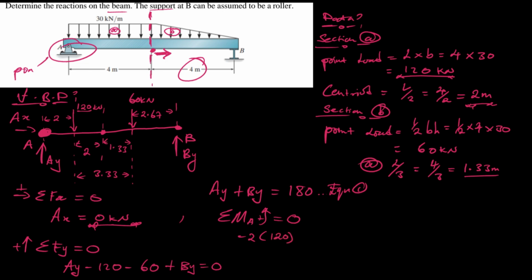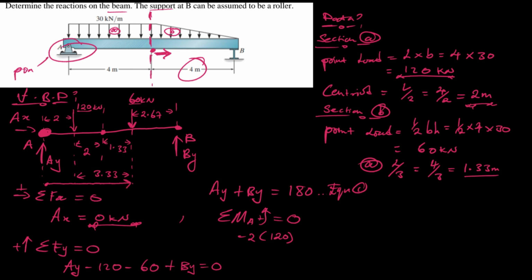The next moment will be at position starting from A, moving to the point load that has been found, which is 60. Now we need to calculate the span from A to the turning effect, which is at 60.